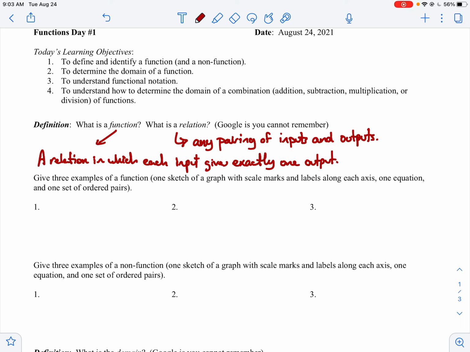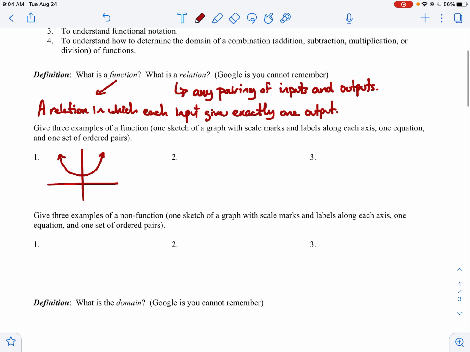So it says, can you give 3 examples of a function? I asked you to give one graphically. So this would be a function, because for each input, an x value, I get one y value out. And then just to compare, right below is a non-function.